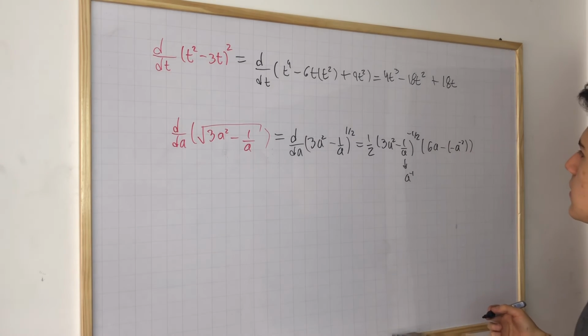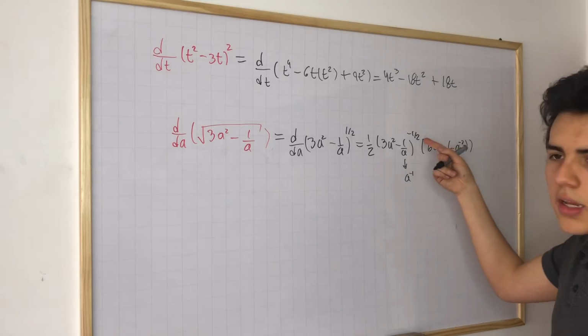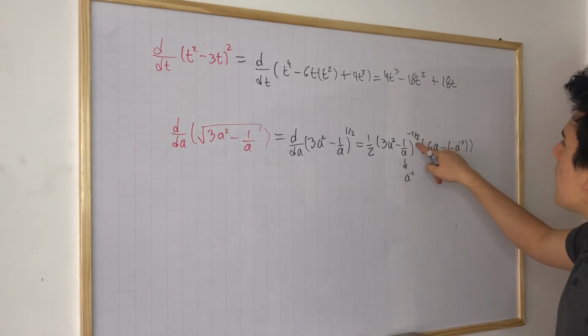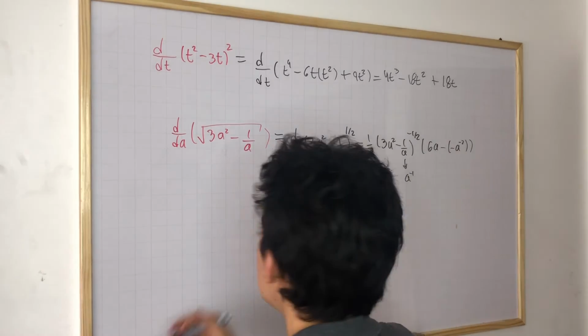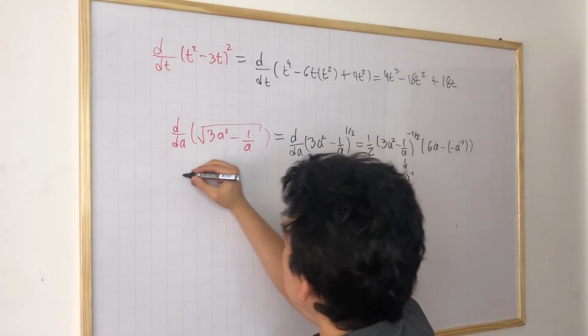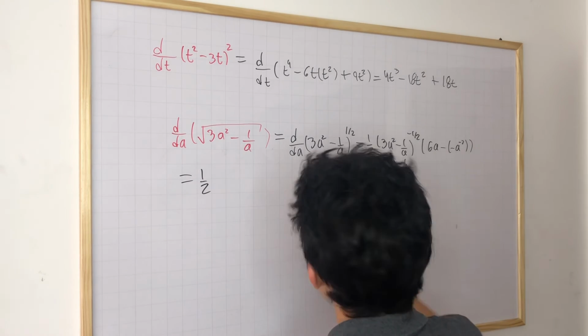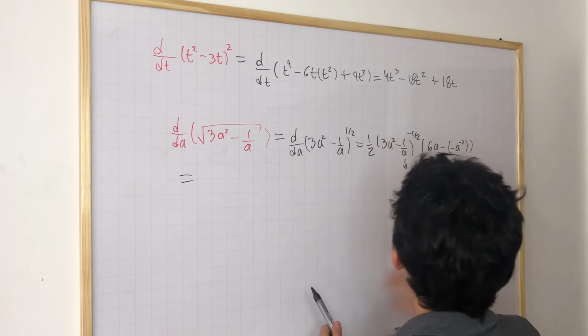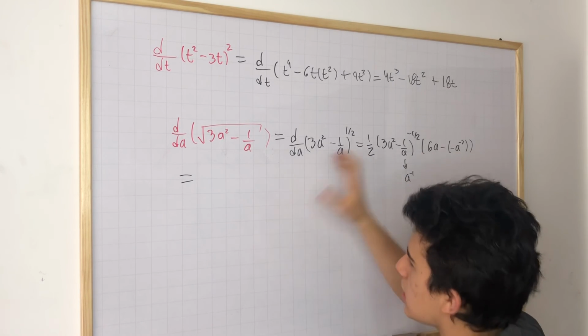So we get that. Now we just simply need to simplify. From this, we've done it a lot of times before, a term to the negative 1/2 is just simply the square root and inverse. So we're gonna have 1/2 times, and actually now I'm gonna write it. Since we have 1/2, we can just simply grab this term and put it on top.